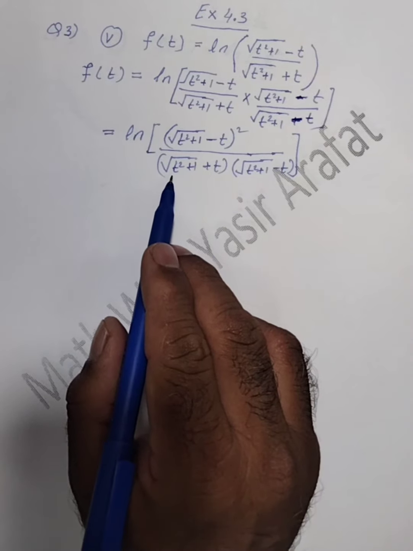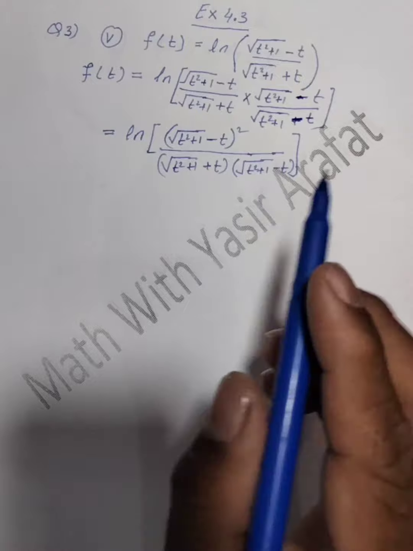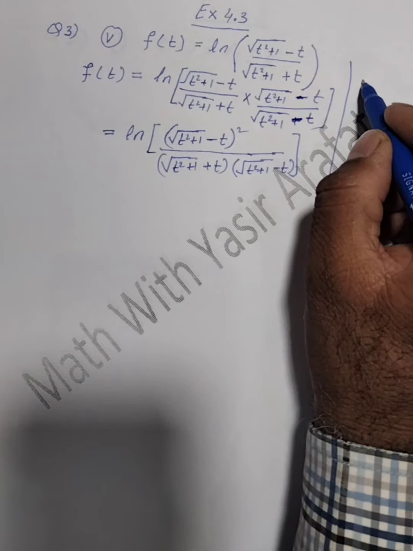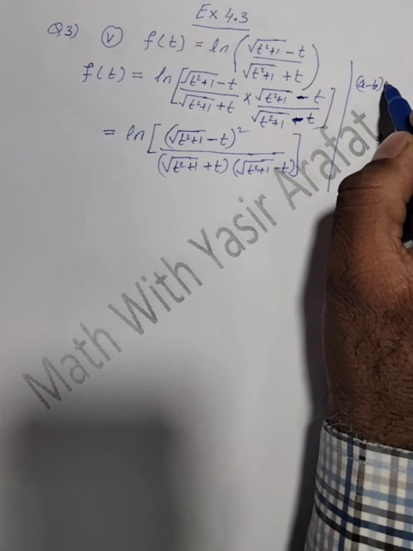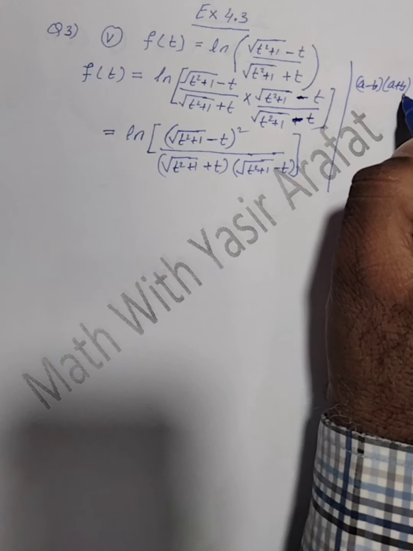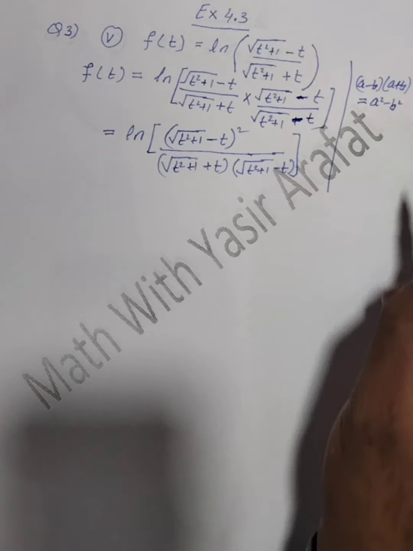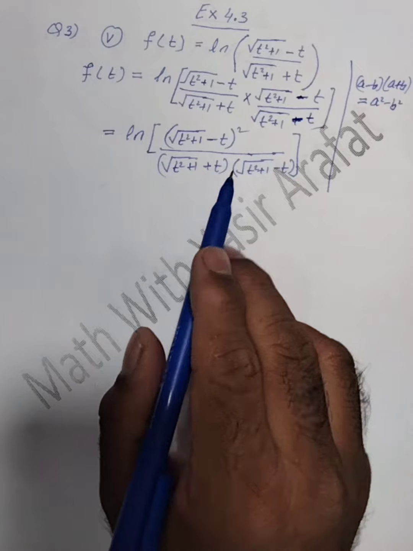This is a plus b times a minus b, and we know that a minus b times a plus b equals a square minus b square. So we use this formula in the denominator.